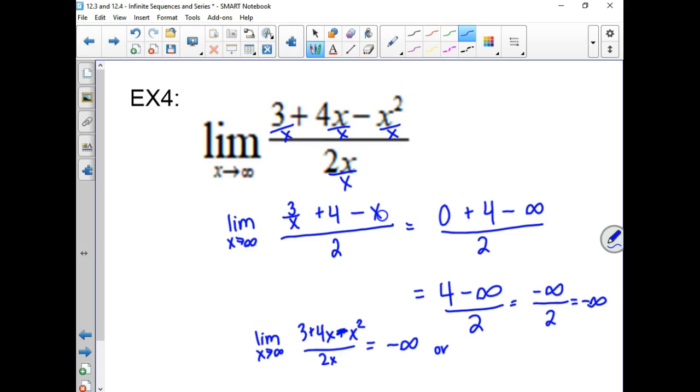So sometimes instead of negative infinity, you'll see does not exist. Whenever you get positive infinity or negative infinity as the answer, sometimes it'll be multiple choice. Sometimes they'll have the infinity or negative infinity as the answer, but at other times it may say does not exist, because that's technically not a limit.